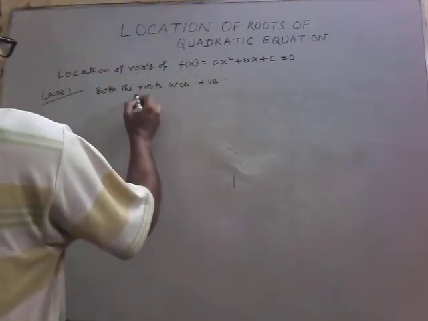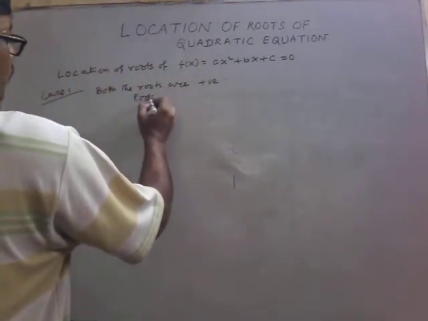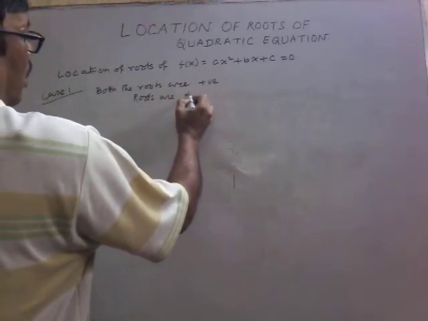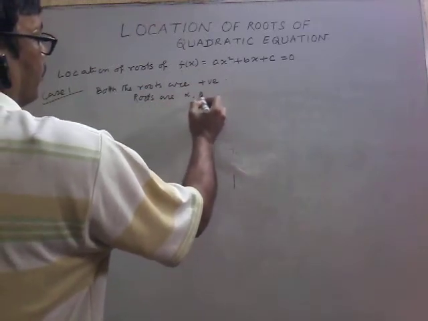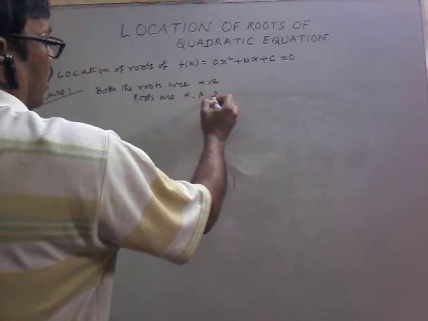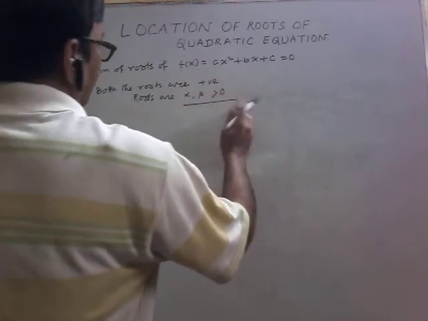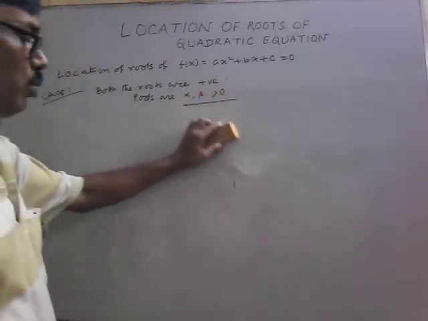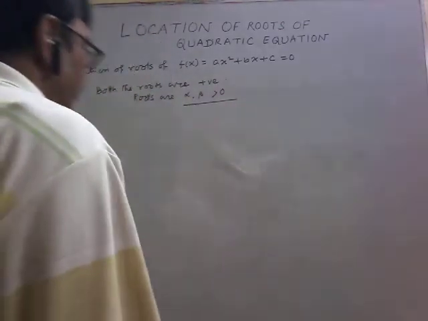So roots are alpha, beta, and they are greater than 0. Both the roots are positive.